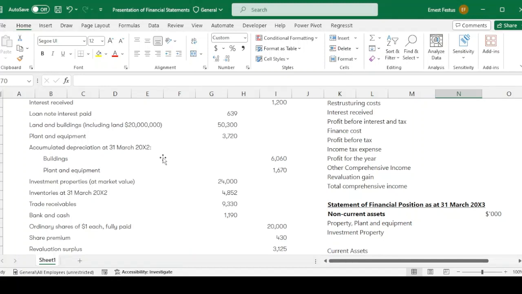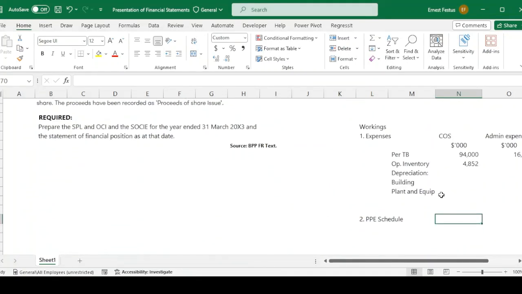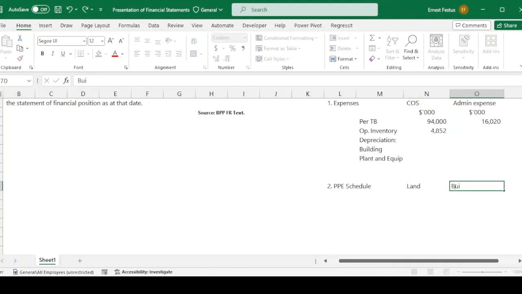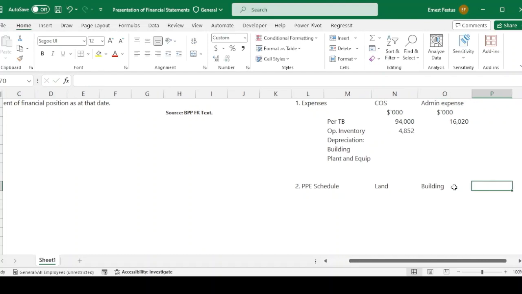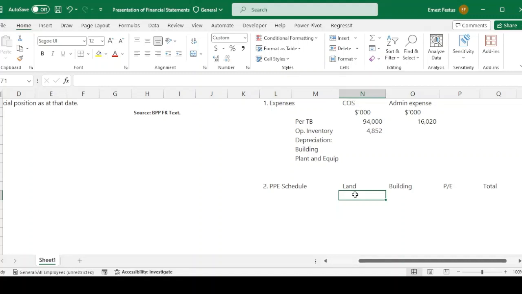Then we also have plants and equipment. So there are actually 3 property, plant and equipment items within our question. I'll have my land, I'll have my building, and then I'll have my plants and equipment. And then I'll have a total column. I bring my dollar sign plus the sum and copy it to the right.